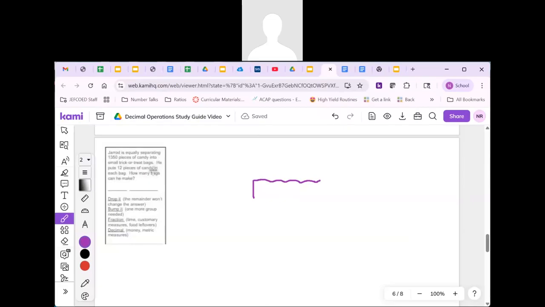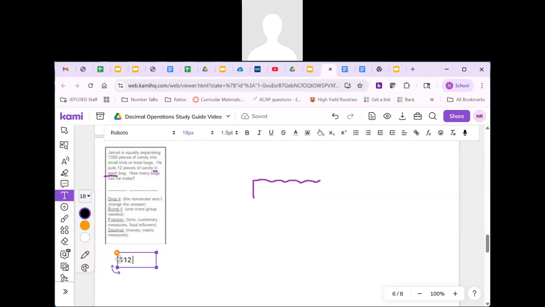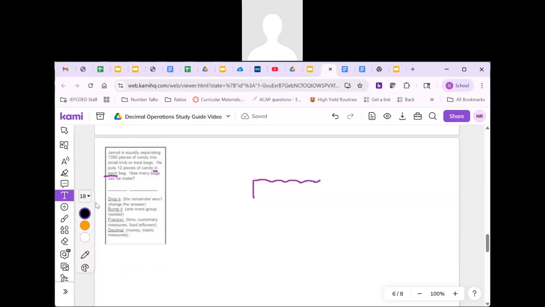Ooh, that in each, I know, stands for the word per. How many bags can he make? All right. So if you were doing this in class, you know quickly the answer was 112 bags. Now, if you did not get that answer, or you don't understand why this answer didn't change because of the remainder, keep watching. Okay, if you did get it, go on to the next problem.